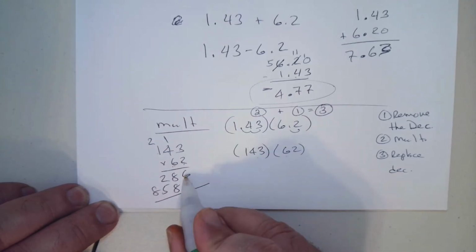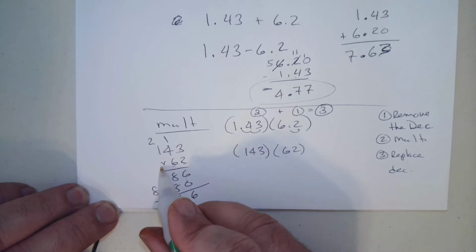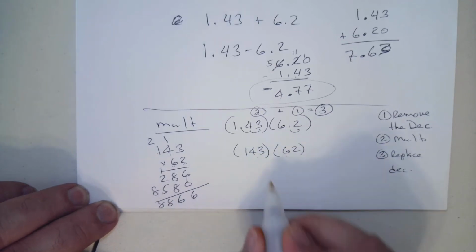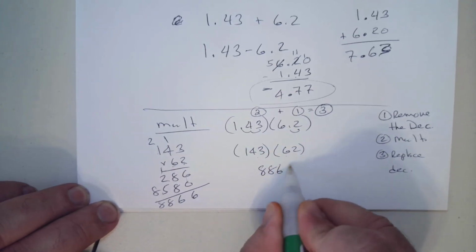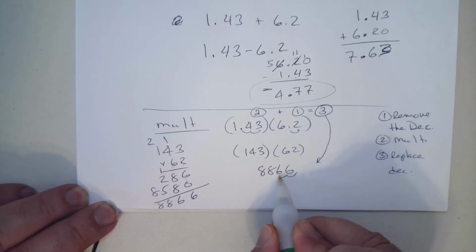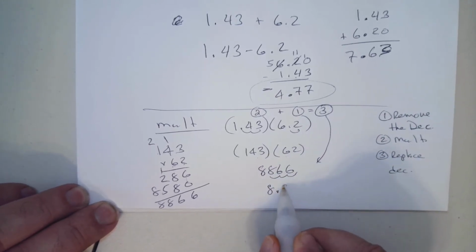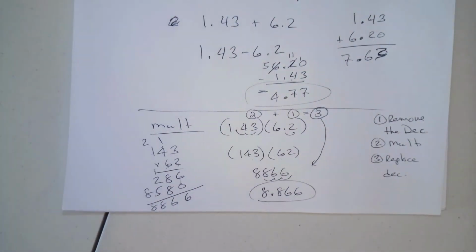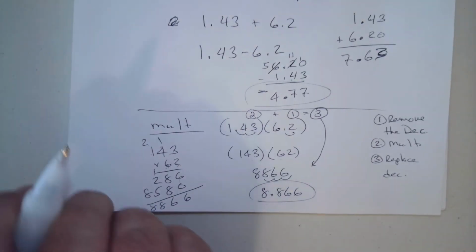Now add these. So it's 6, 8, 8, 16. 5 plus 2 is 7, plus 1 is 8, 8. But we have to put back 3 decimal places. 1, 2, 3. So it's 8.866. So that's the easiest way I found of multiplying decimals.